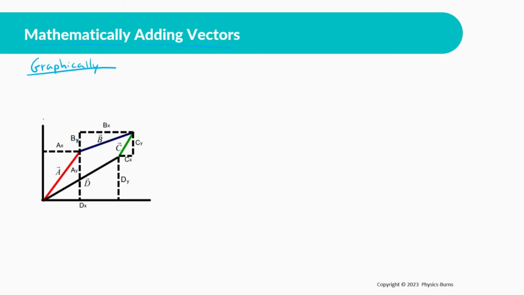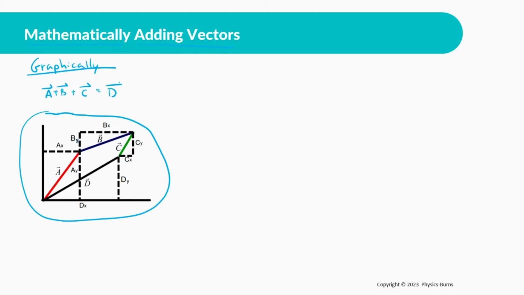Okay, so let's look at this. There's a lot going on in this picture here, but let me break things down. There are three vectors: vector A plus vector B plus vector C, which is giving us vector D. They added it up graphically in this diagram. So we have vector A starting at this origin, going here.